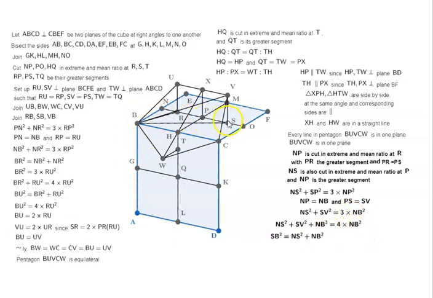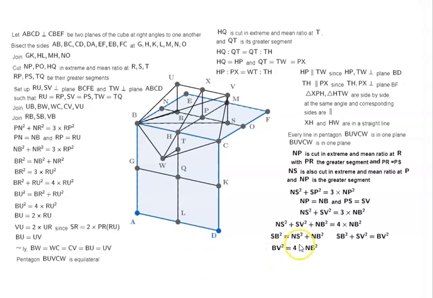Now, SB square is equal to what? Is equal to NS square plus NB square, because the triangle NBS is a right angle triangle. SB square plus SV square is equal to BV square, because triangle BSV is a right angle triangle.